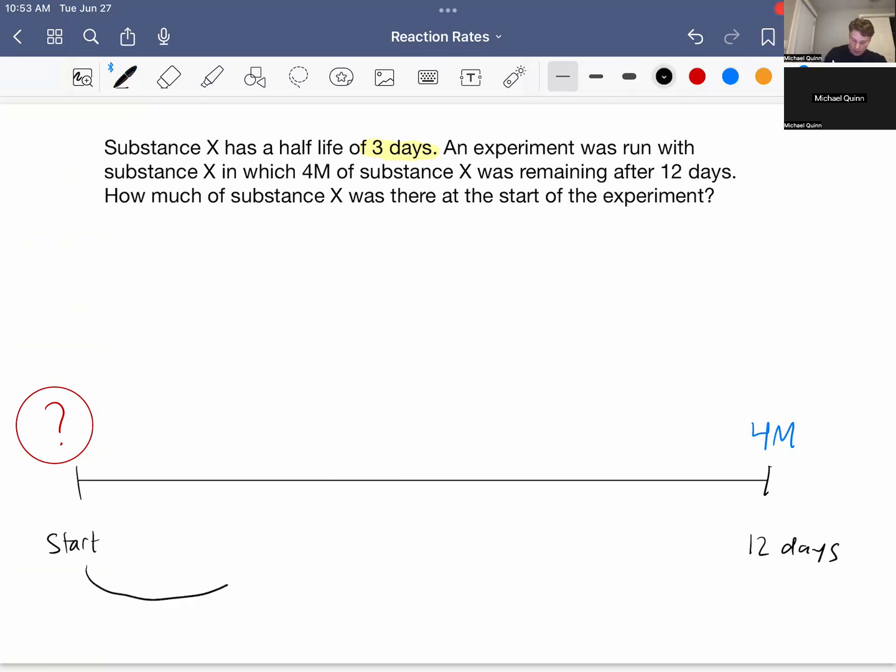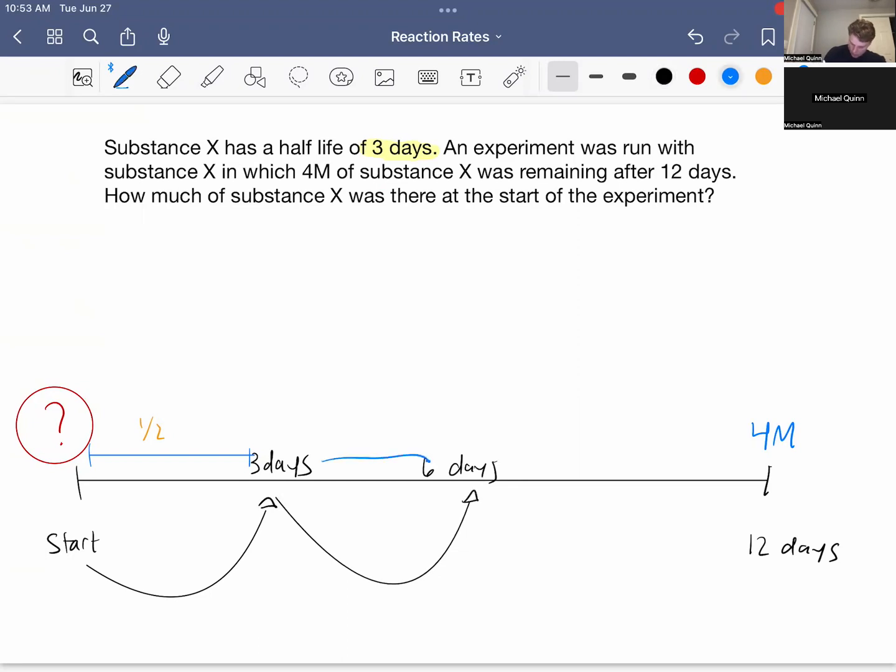So from the start of the experiment, at 3 days, we know in this amount of time that this concentration will be half. What we also know is that at 6 days, which is another 3 days, once more, we will see the concentration half again.